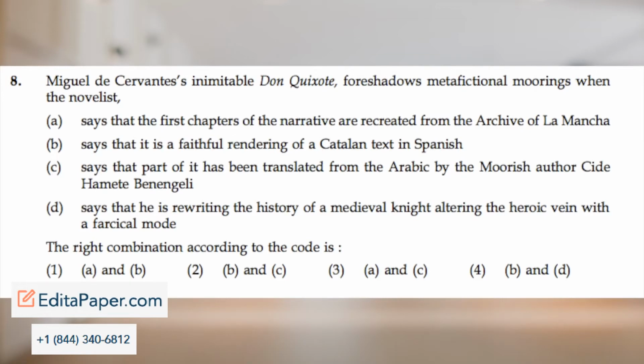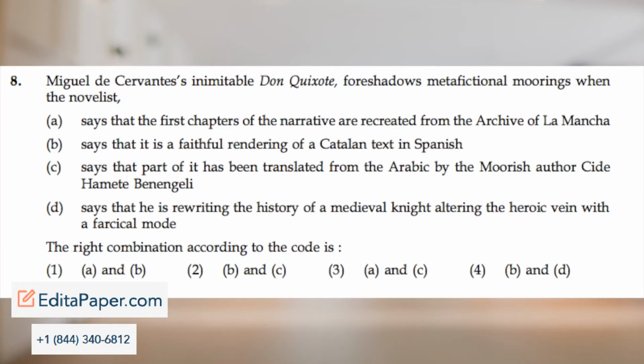Again, the part of it means there is a vacancy in the rest of the book, which is written from my point of view and can be fictionalized. Then he says that he is rewriting. Rewriting is writing the same thing again. And the word history, historical, chronological, makes sense that it is not metafictional. So in short, in the options you had just the first one and the third one. So the final answer would be 3. It is A and C.